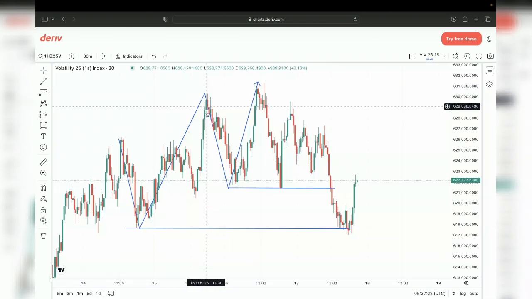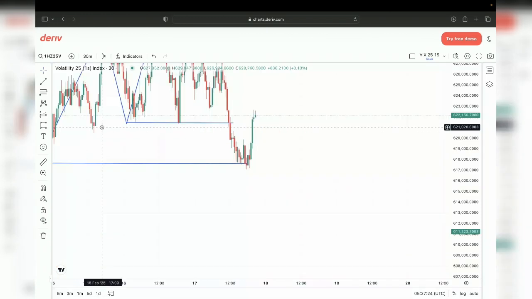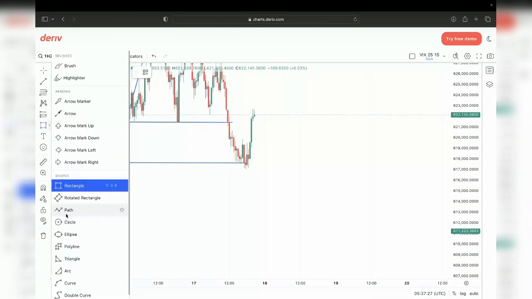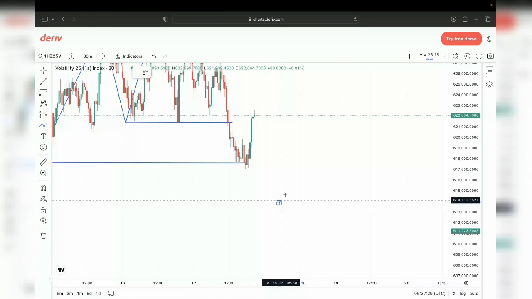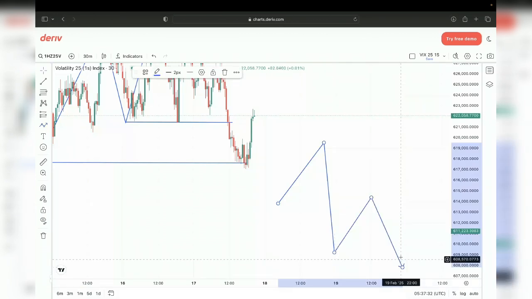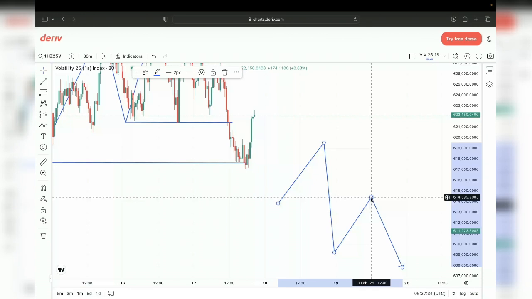Even in sell, the same thing. If this is the most recent strong high, you do not have to sell from this point.